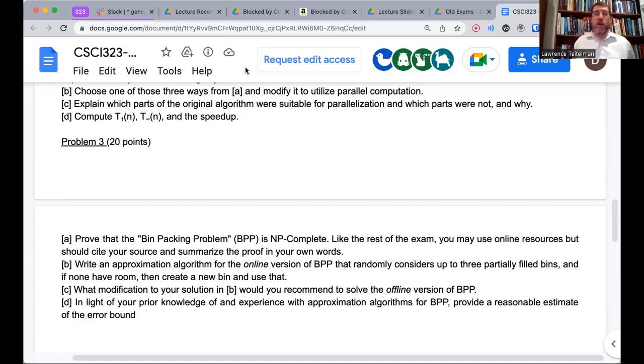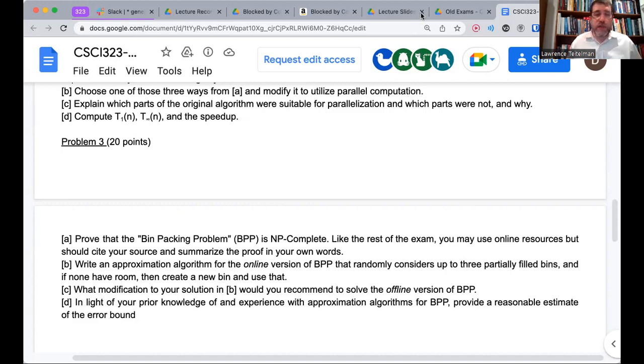So this one is a variation. You're not looking at all the previous bins. It's not like the first fit or the best fit. So it's like a variation on that, okay? Again, I was giving them something that they're not going to find on Google, because I know they're using Google, so they can use resources. But the idea is not just to reproduce what someone else has up there, right?